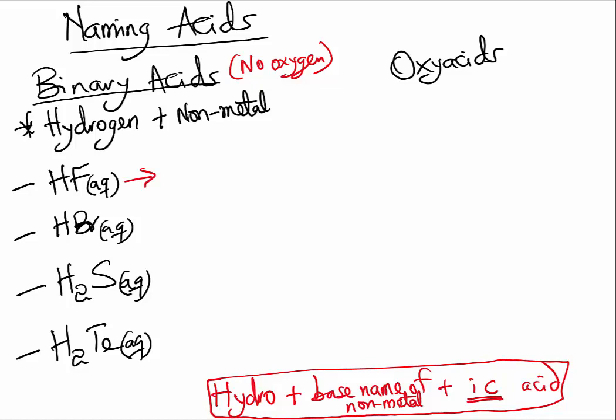So the HF will begin with hydro. Only the binary acids begin with hydro. Then the base name of the nonmetal would be fluor, and we add ic acid, which means this is hydrofluoric acid.